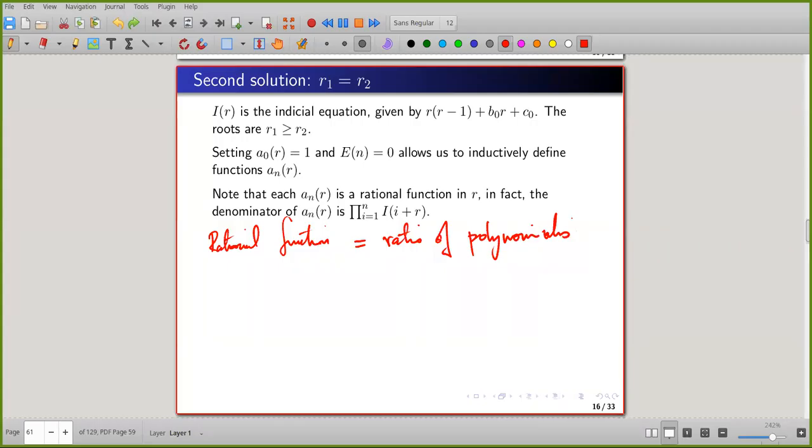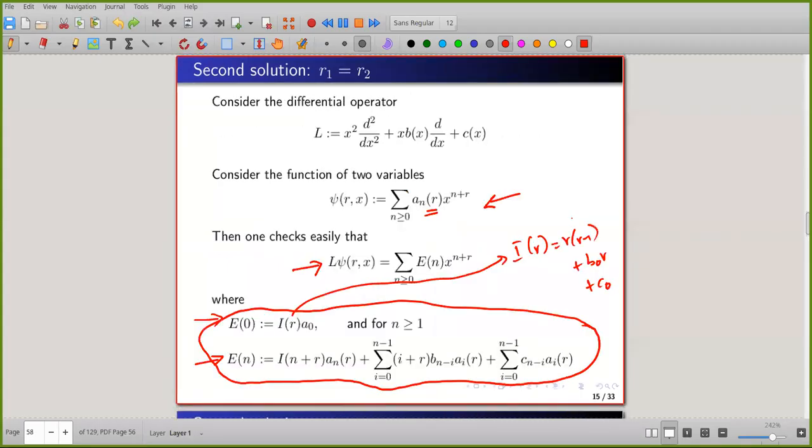This is obvious because if you just look at this equation, it is immediate that a_n(r) is equal to some polynomial in r divided by the product I wrote there, i equal to 1 to n of I of i plus r.